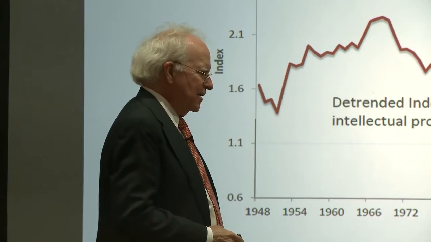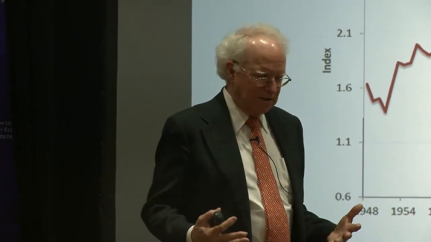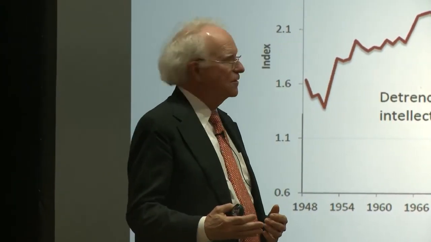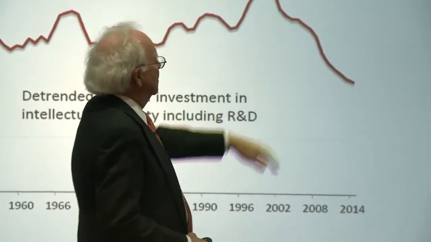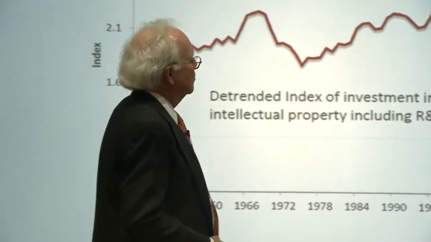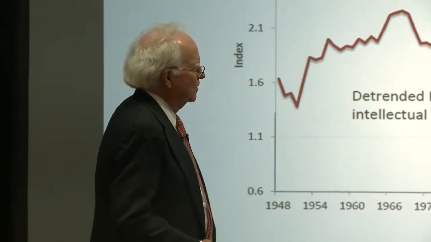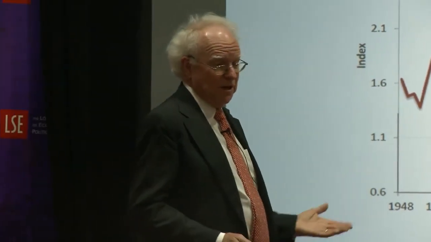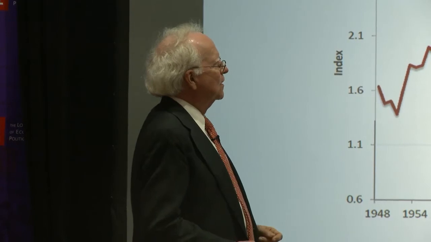But it turns out that the process that generates new ideas and new products kind of chugs through a recession. Notice that nothing special happened here. There wasn't just a big collapse. There was an ongoing continuation of a collapse that started several years earlier, but nothing special happened in the recession, and that's generally true of this IP investment.